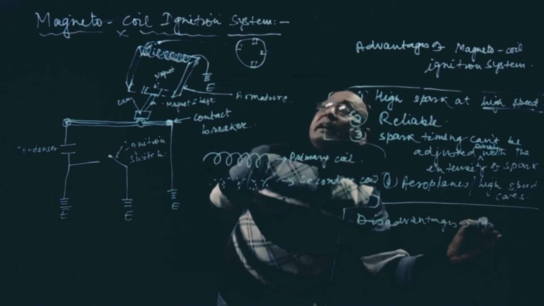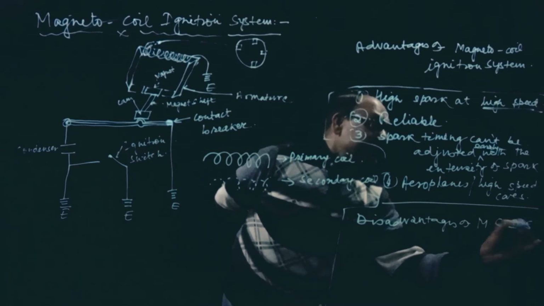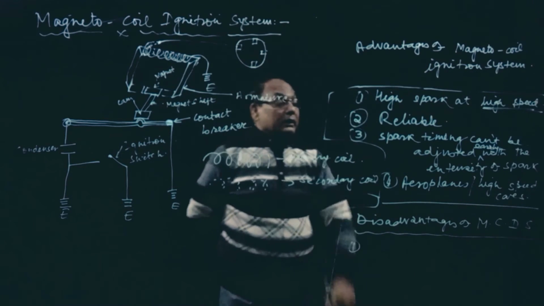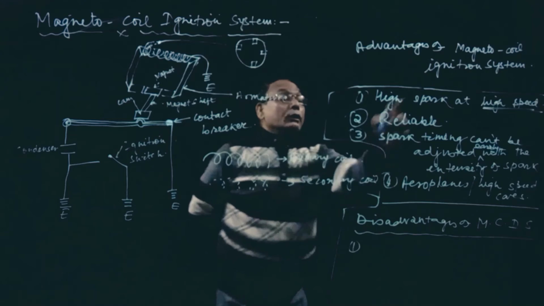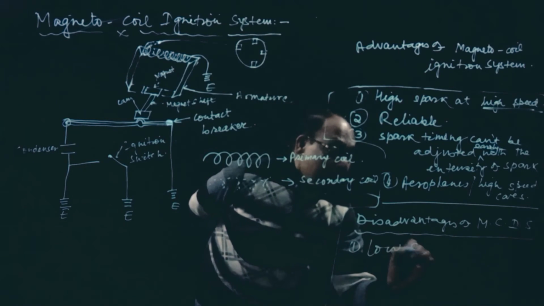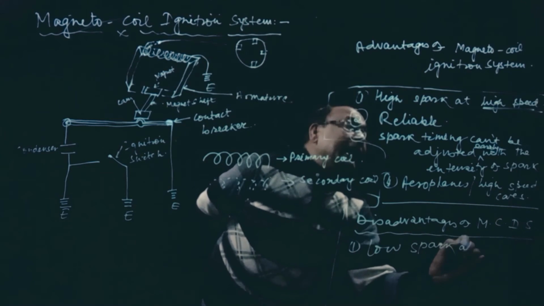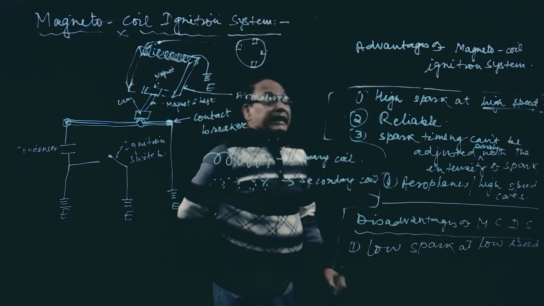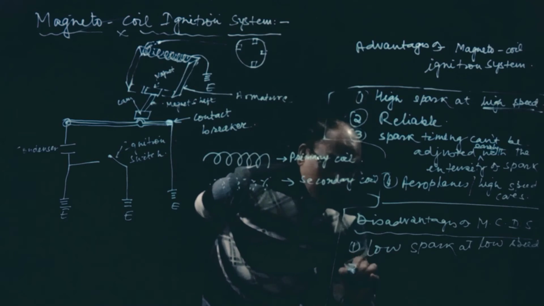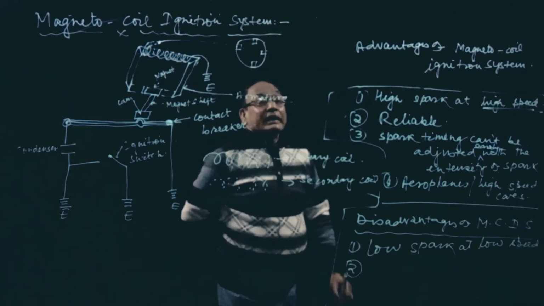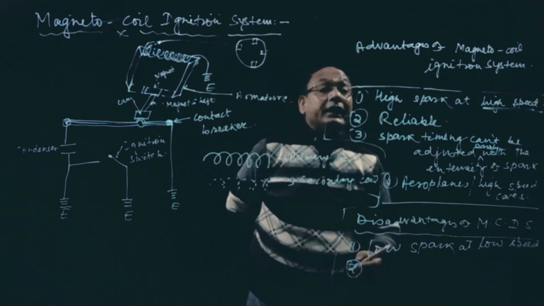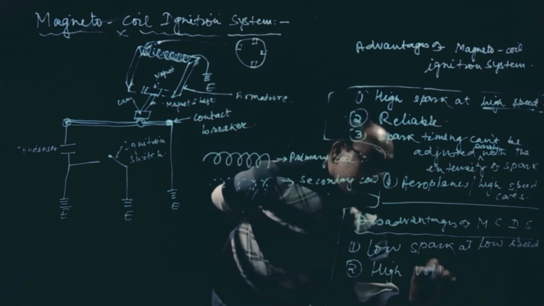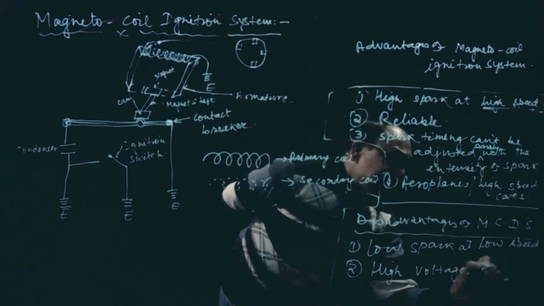Disadvantages of magneto coil ignition system. So see here, low spark at low speed. That is the problem with this system. Second disadvantage: since it produces very high voltage, leakage chances are there.